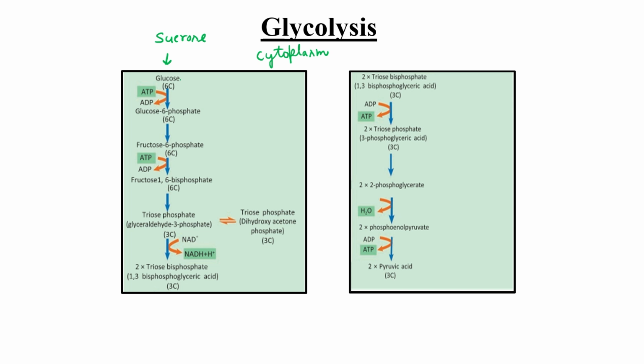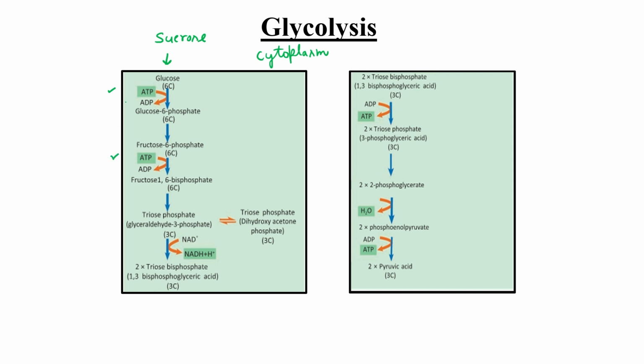Then this glucose is converted into glucose 6-phosphate, then fructose 6-phosphate, and so on. This is a 10-step reaction.